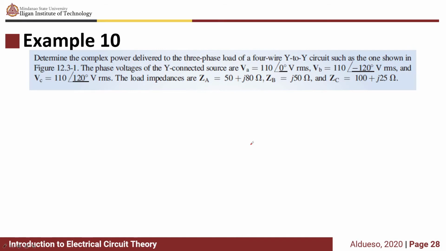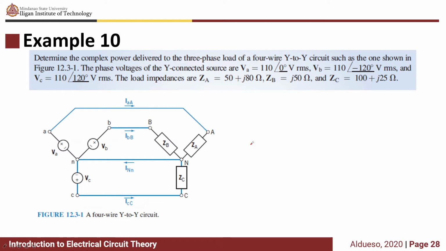For example number 10, determine the complex power delivered to the three-phase load of a 4-wire Y-Y circuit, such as the one shown in this figure. The three-phase voltages of the Y-connected source are VA equals 110 angle 0, VB 110 angle negative 120, and VC is 110 angle 120 V rms.